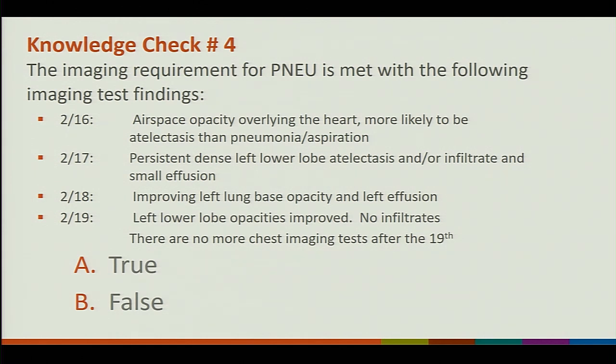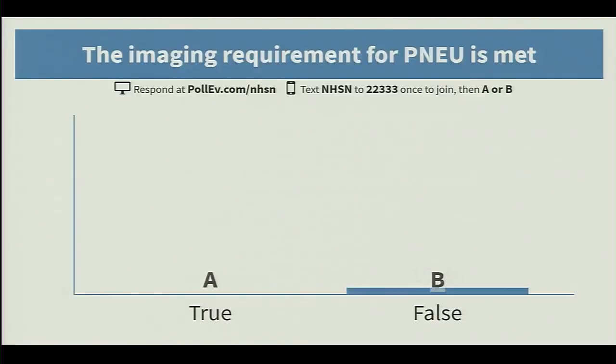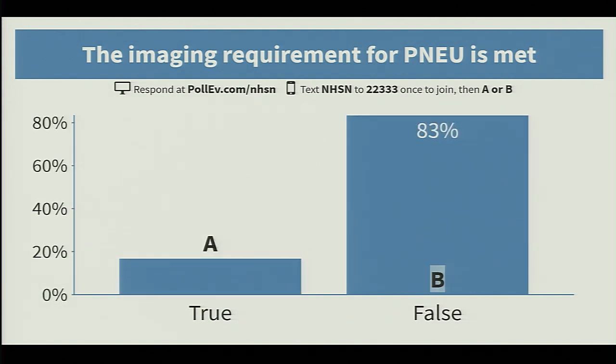The 18th, improving left lung base opacity and left effusion. And then on the 19th, lower lobe opacities have improved, no infiltrates. What do you think? Is there imaging test evidence to meet pneumonia?